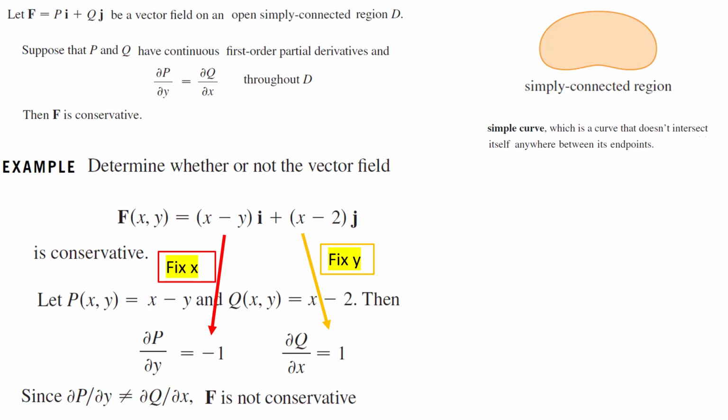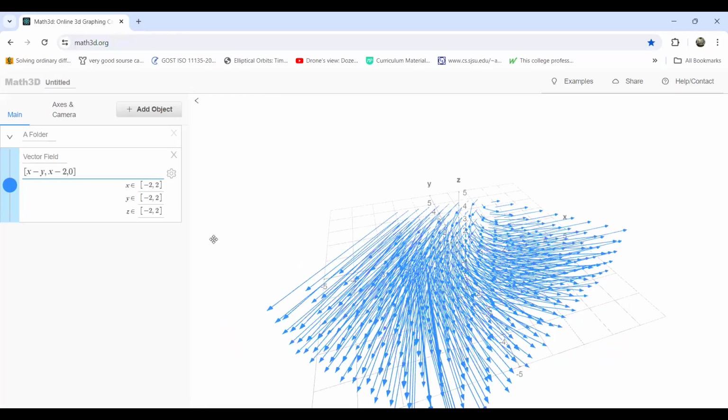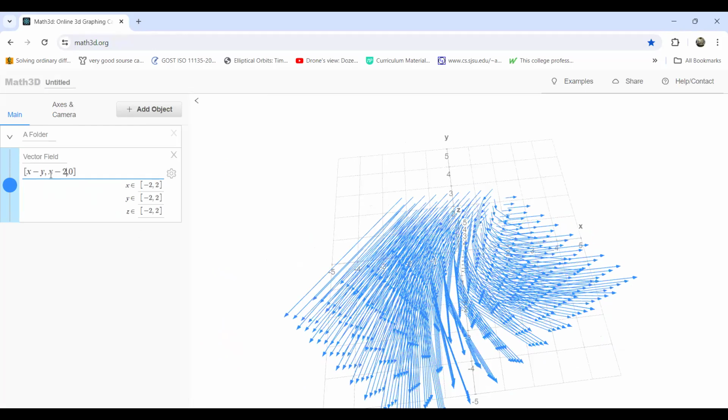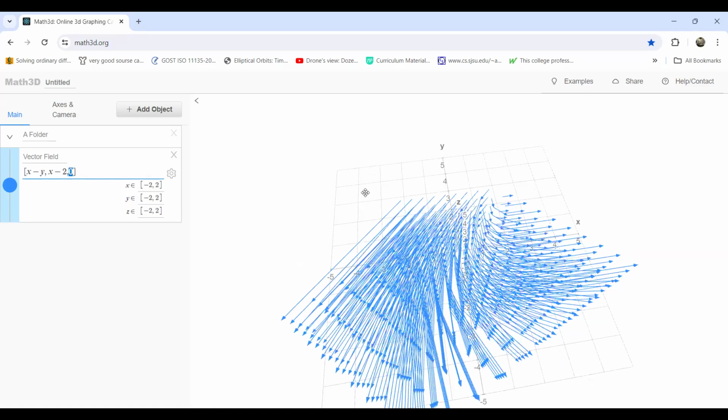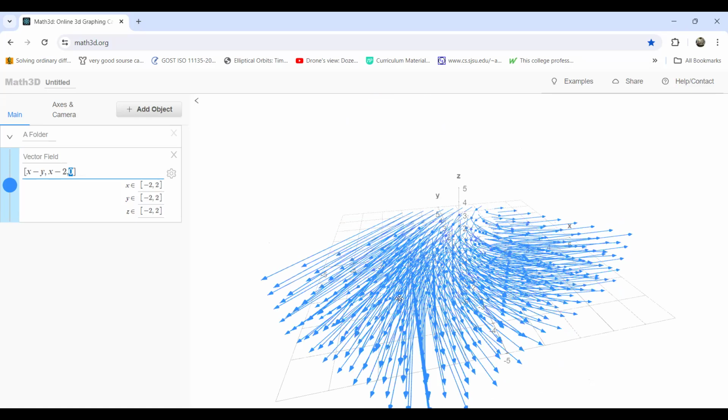If you use a 3D visualization, here you have this vector field with the first component x minus y and the second component x minus 2, and z is equal to 0 because we are looking at this in 2D. So take a look at the behavior of this vector field.